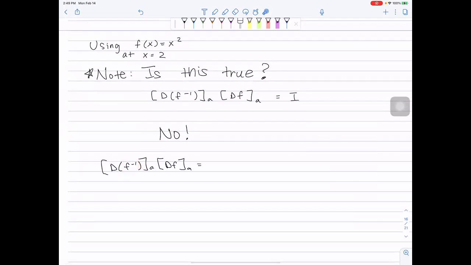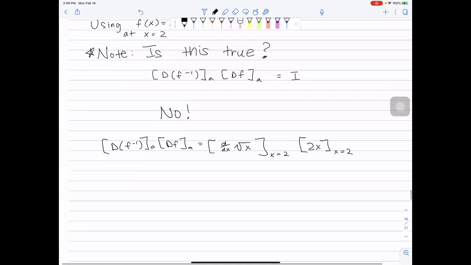Our inverse is square root x, because if we switch x's and y's here, we get y equals square root x. That's our inverse, and we're evaluating that at x equals 2. The derivative of f is just 2x, evaluated at x equals 2 again.